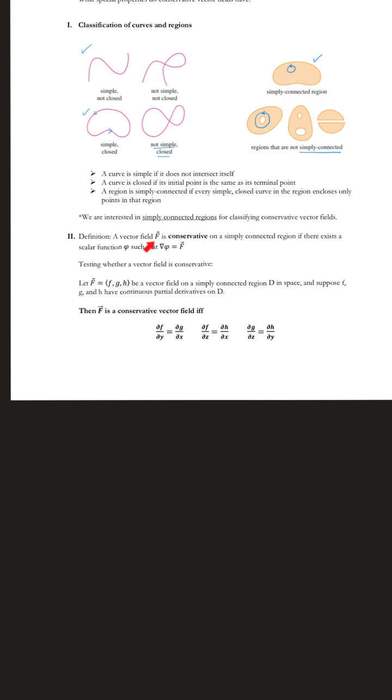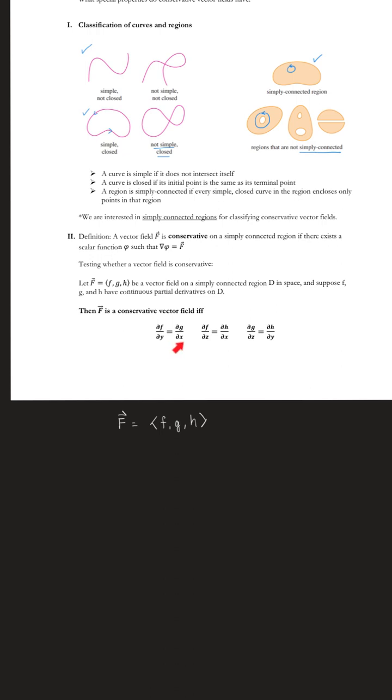If my field is actually the gradient of some function, then we say that it is conservative. And a test that we use to determine whether a field is conservative, and right now it's not going to make a lot of sense, is this: if we have a vector field whose components are f, g, and h, we determine whether the field is conservative by testing these mixed partials.